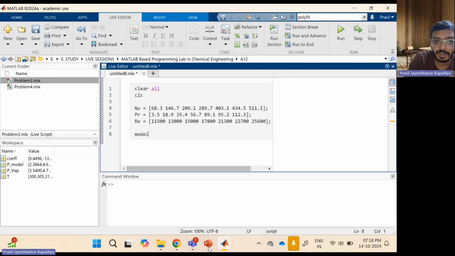Okay, so I want to write my model is equal to, at the rate of coefficient, comma, what do I want to fit? So my equation is this.